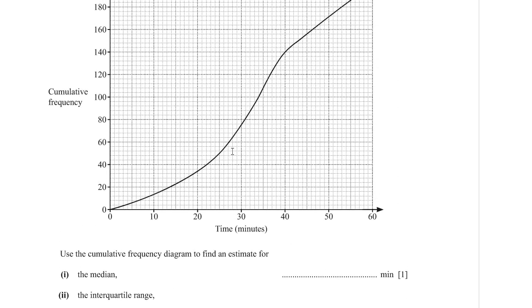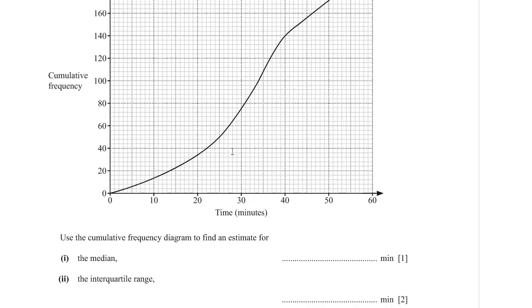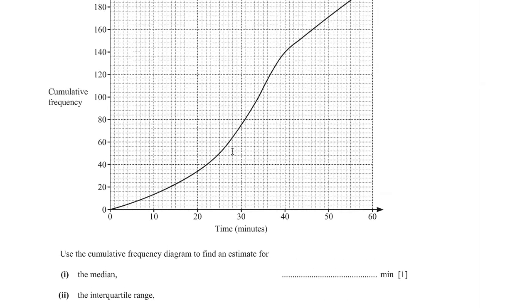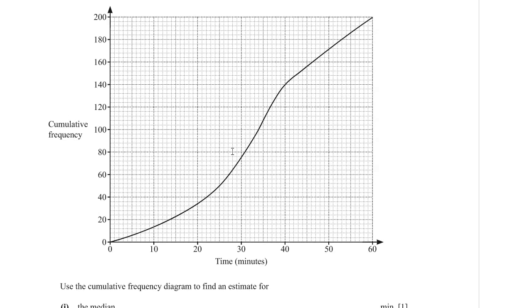Use the cumulative frequency diagram to find an estimate for the median. There are 200 students. Therefore, median is half of 200. So half of 200 is 100.